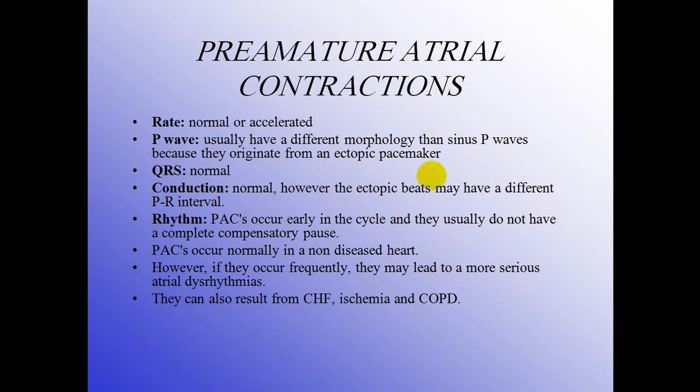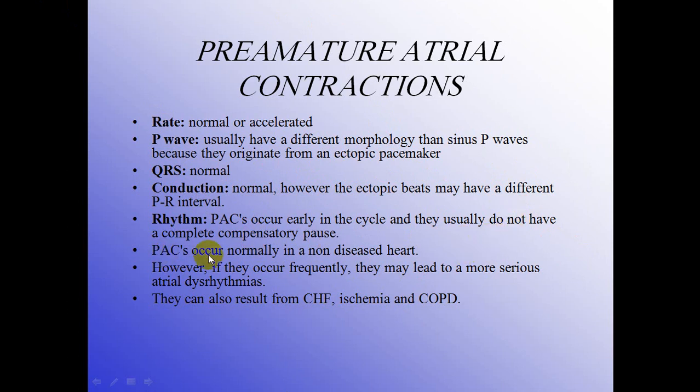However, the ectopic beats may have a different PR interval. Premature atrial contractions occur earlier in the cycle, and they usually don't have a complete compensatory pause. We will discuss this with an example, what we mean by complete and incomplete compensatory pause.